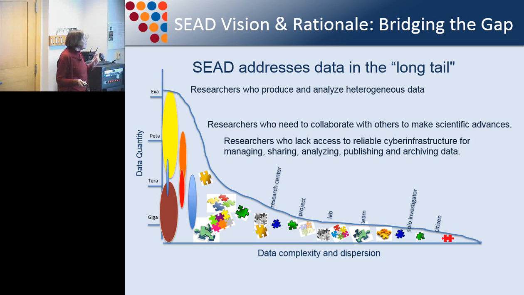So SEED right now stands for Sustainable Environment Actionable Data. And that is because we started our work with researchers who are doing sustainability science research, because it's a particular community that uses multiple types of data. They have many, many different kinds of measurement systems.